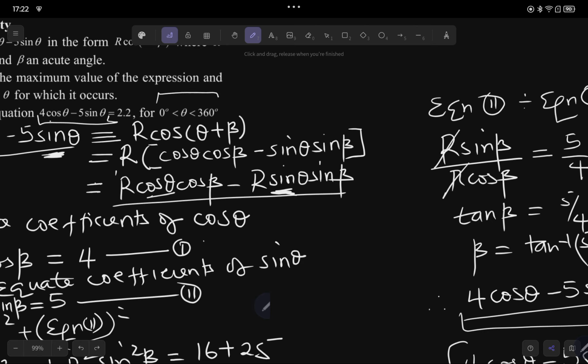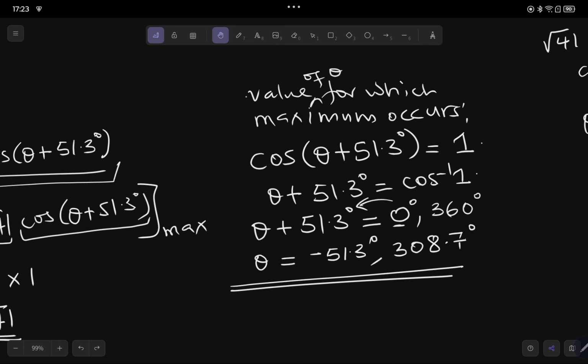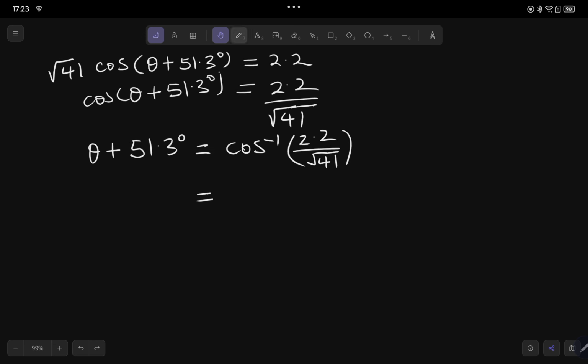But now, after getting our beta, which we have found to be 51.3, the cosine inverse we are trying to find has been edited by adding 51.3. If it was theta only, it would be between 0 and 360.